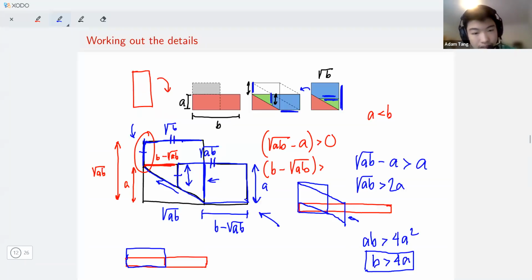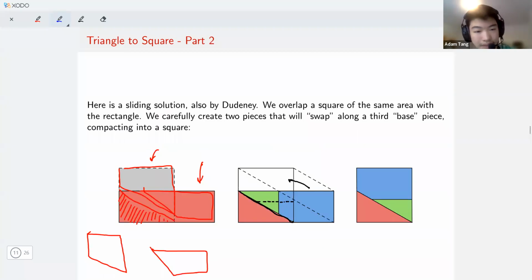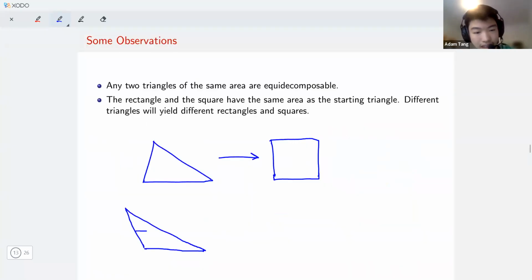If you go back here, we see that this cut had to have been possible. And in an obtuse triangle, the cut will lie outside, which is bad because we can't make the cut anymore. But luckily, this problem is easily resolved by doing a different strategy.